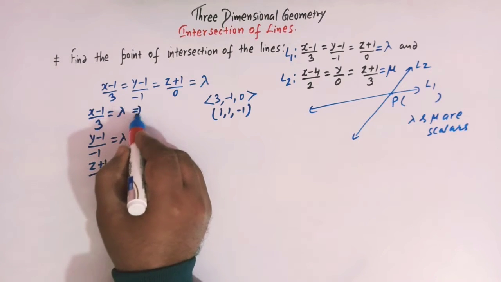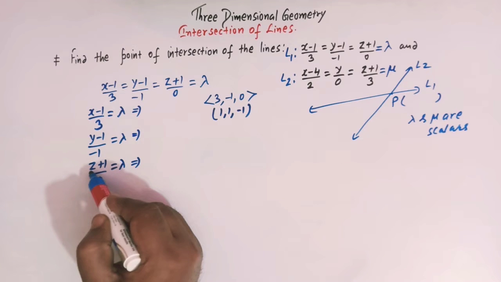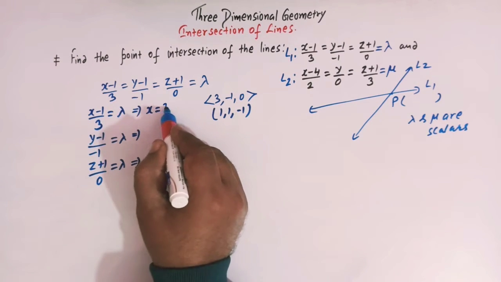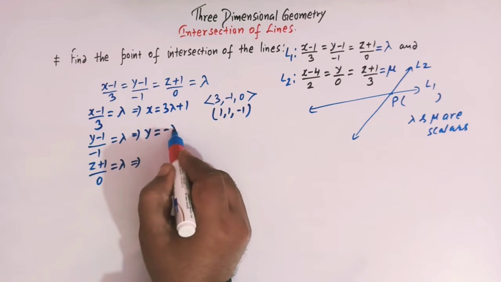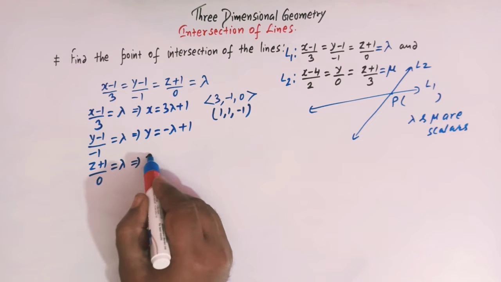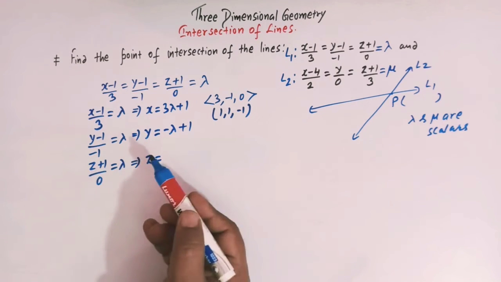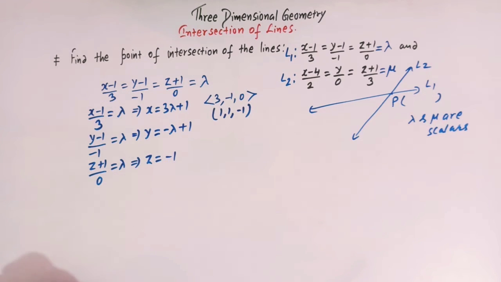And from here we'll find the coordinates of x, y and z. So x is 3 lambda plus 1. From here y is minus lambda plus 1, and from here z is 0 times lambda is 0, and so we have z is equal to minus 1.